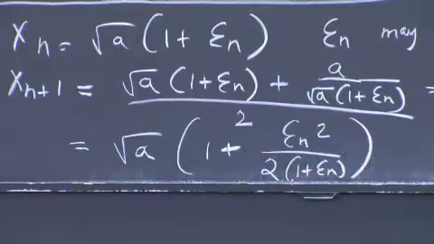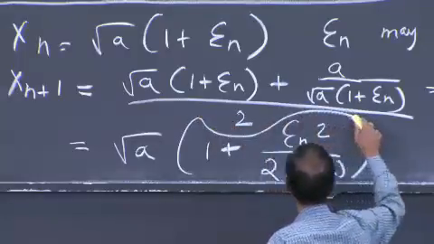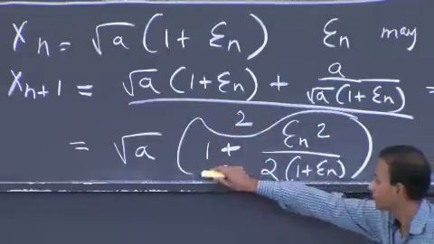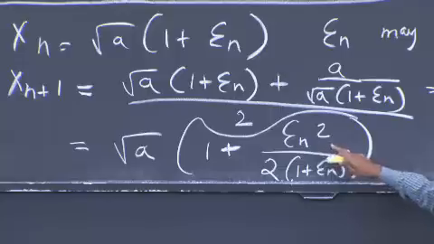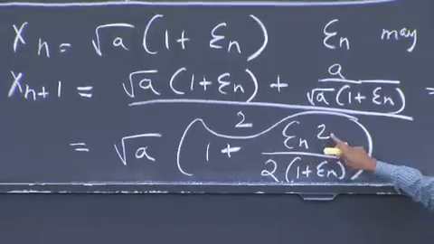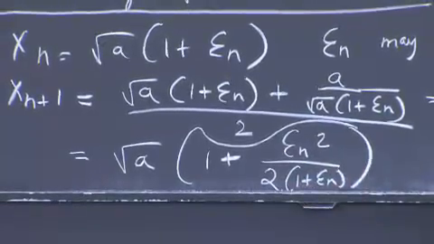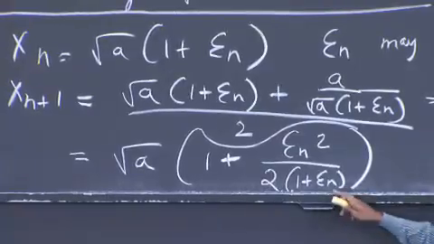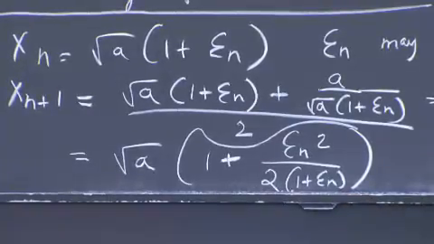Which is x_{n+1} is square root of a times 1 plus epsilon n squared divided by 2 times 1 plus epsilon n down at the bottom. Okay?